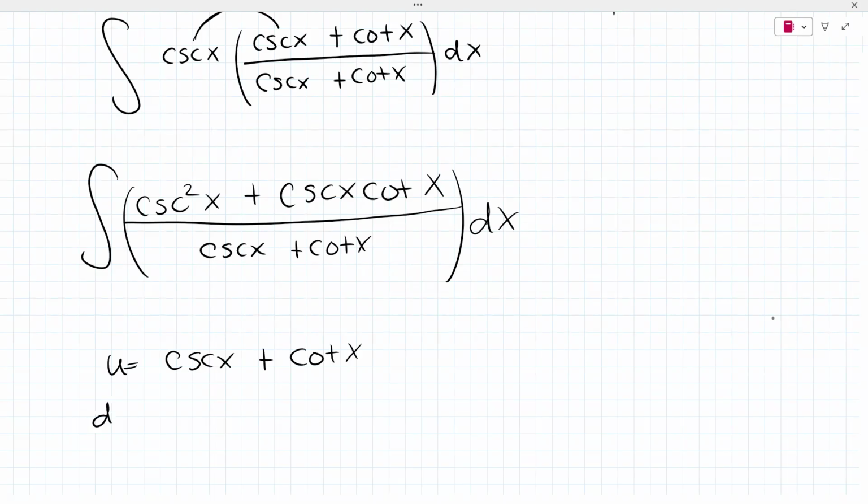And then my du is, what's the derivative of cosecant x? It's negative cosecant x cotan of x. And then what's the derivative of cotan x? It's negative cosecant square x. And then don't forget your dx.